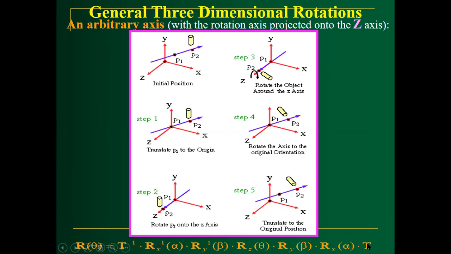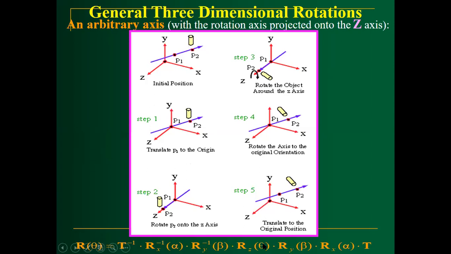Now, if you look at the mathematics, come from the right hand side. First step is translation. Second step, you need to rotate this blue color arbitrary axis onto the z-axis. Means you need to rotate via x-axis and via y-axis. So rotation about the x-axis by some angle called alpha, then you need to rotate that about the y-axis with some angle called beta, and then you need to rotate that object about the z-axis with some theta.